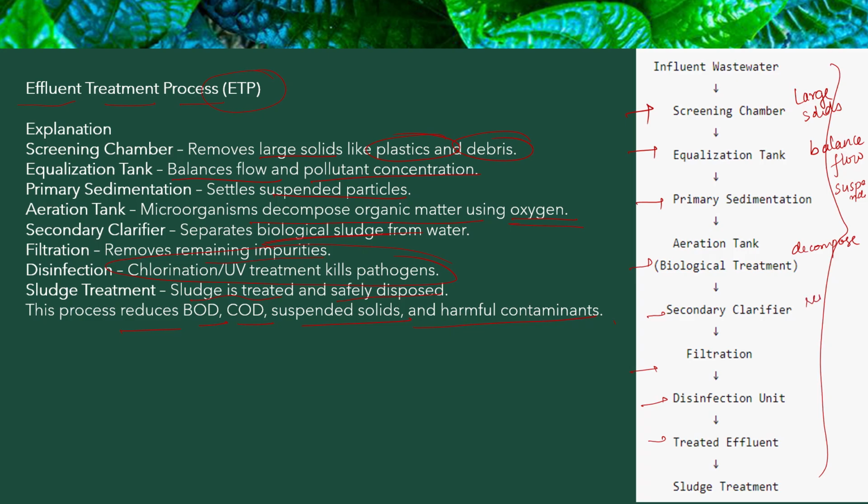This is for removing sludge. Filtration is to remove impurities. Disinfection for killing pathogens. And treated effluent is what you get. Sludge treatment is basically where the sludge is treated and it is safely disposed of.